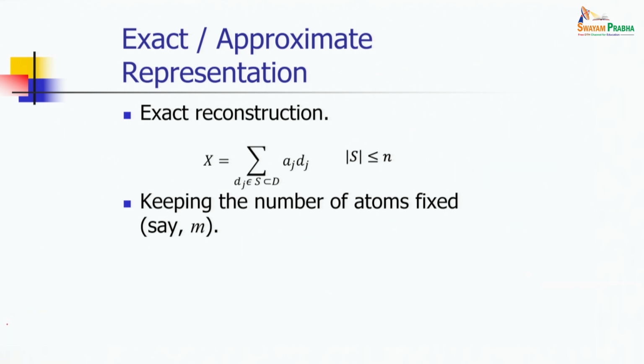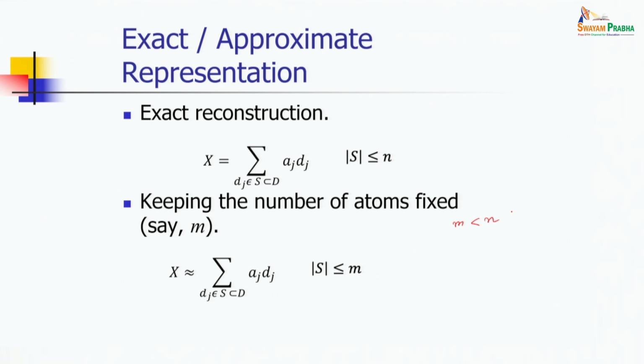Now let us consider the other case, when you keep the number of atoms fixed and try to reconstruct, and we consider here, say, m could be quite less than n. In this situation you may not guarantee that there would be exact reconstruction.